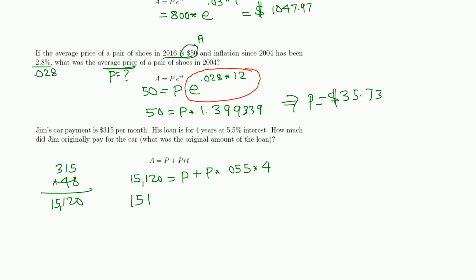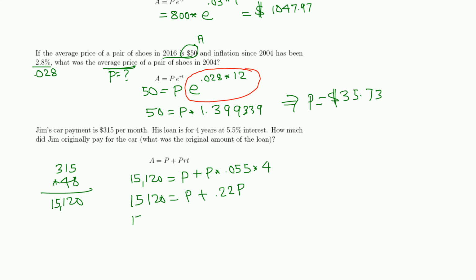Now that's 15,120. Do not add, you need to multiply first. P plus multiply decimal 0.055 times 4. If you multiply you get decimal 0.22 P. So I write 0.22 P. It's P here. There are 0.22 P's.